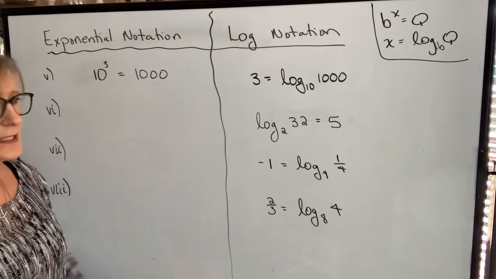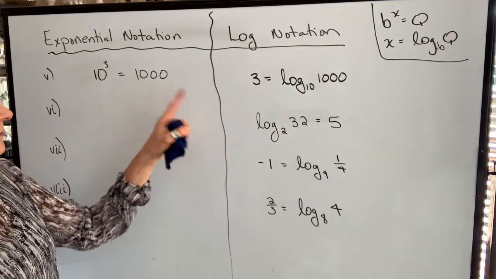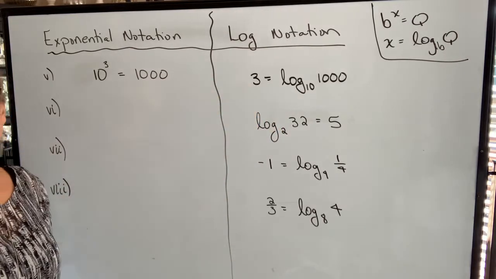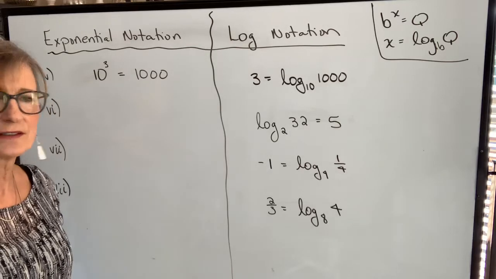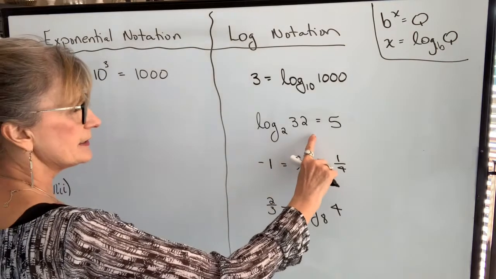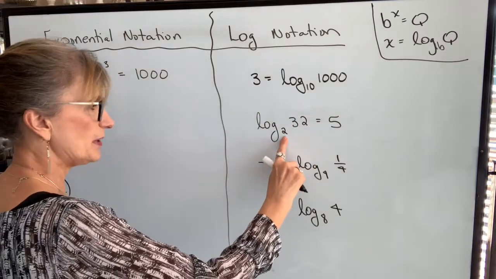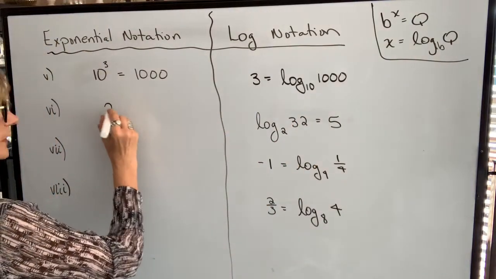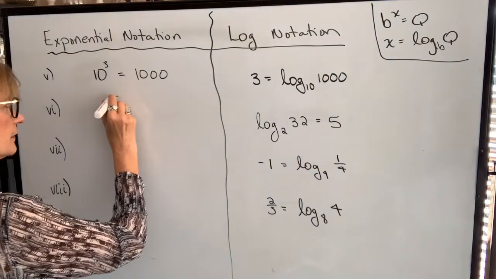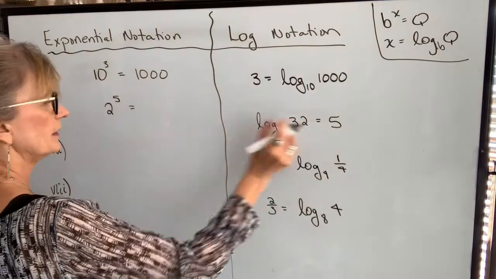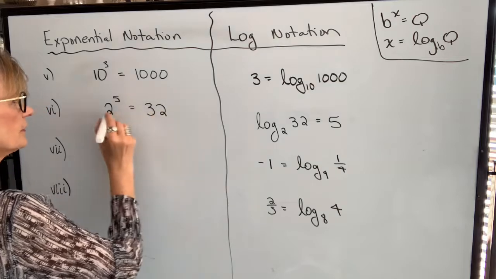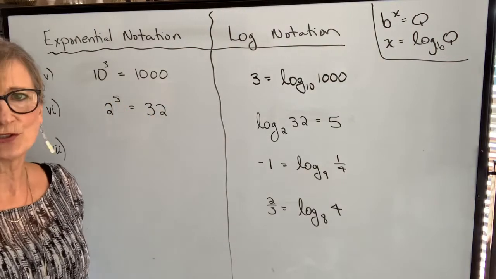So this relationship is saying that 10 cubed is equal to 1000. Same thing with this one, I just flip sides, doesn't matter. We start with the base 2, the exponent will be 5, equals the quantity 32. So 2 to the 5th power is equal to 32.